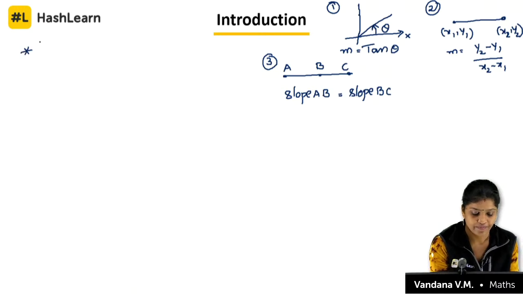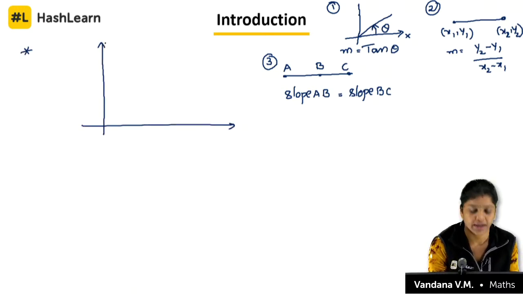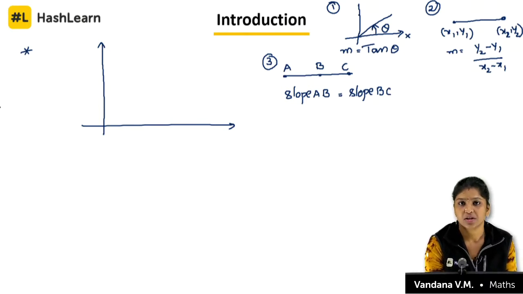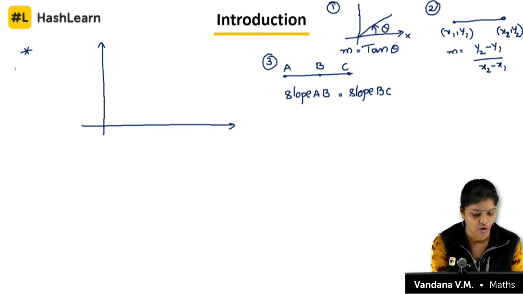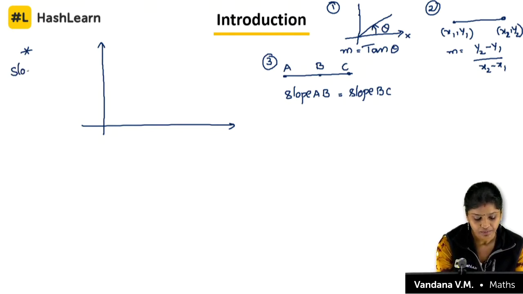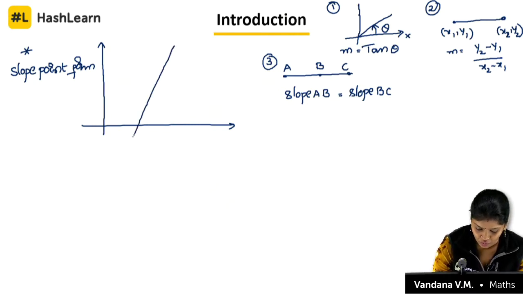The various forms depend on the data. The first form is slope intercept form or slope point form. Slope point form means they will give you one slope and the point.